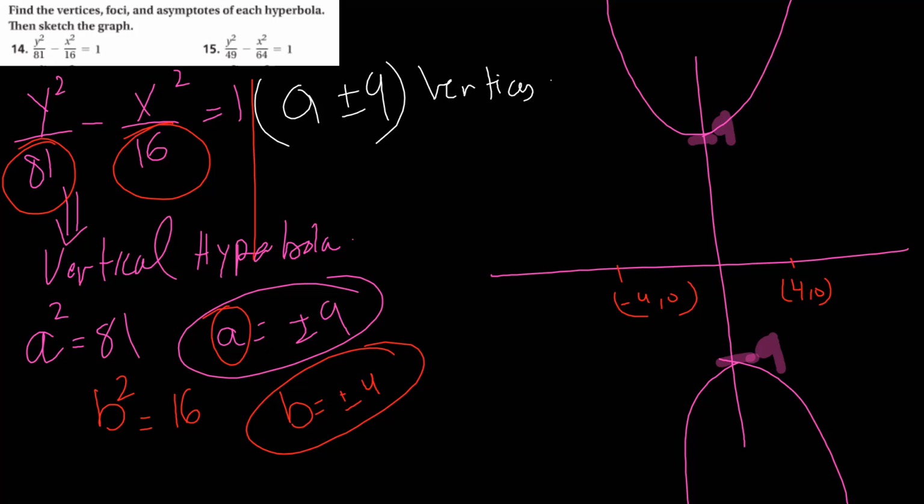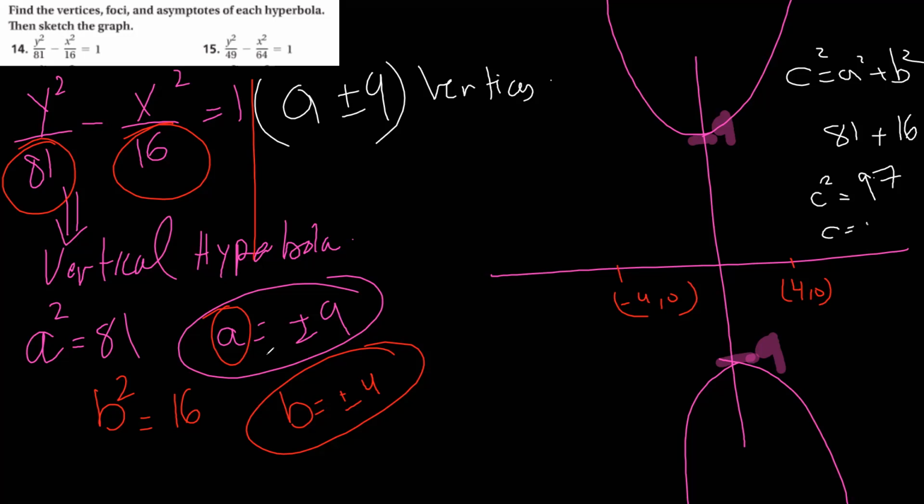Now, I need the foci. If I have a and b, can I find c? Yes, c squared equals a squared plus b squared. Now, a squared is 81 and b squared is 16, so c squared is 97.